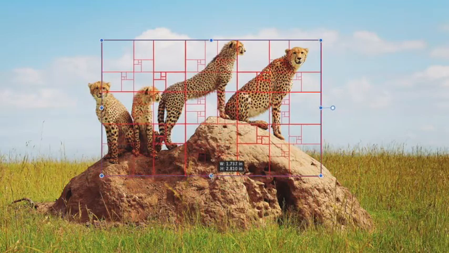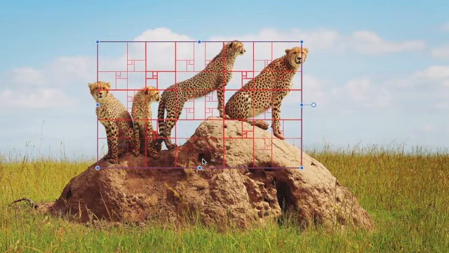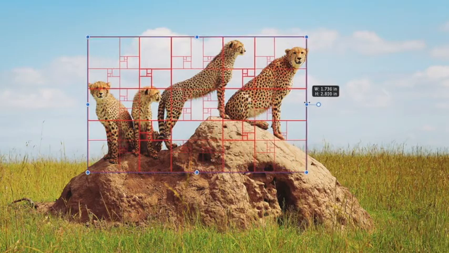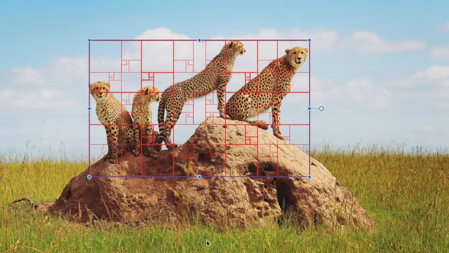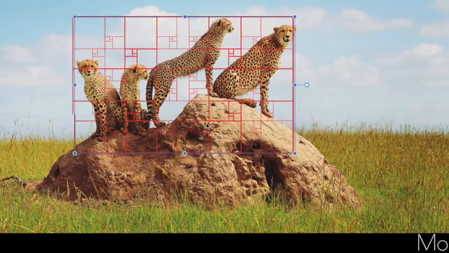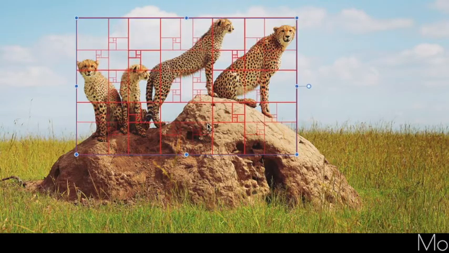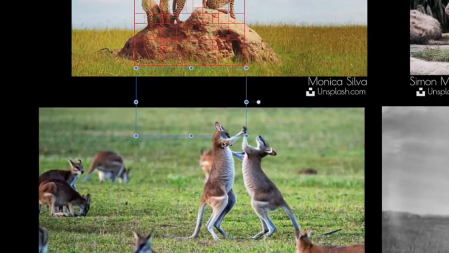And then if we go tight to the cheetahs themselves, or if we go end to end and down, we get that type of thing. Okay, neat.